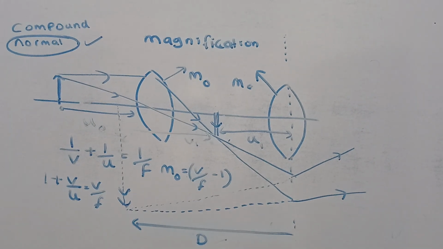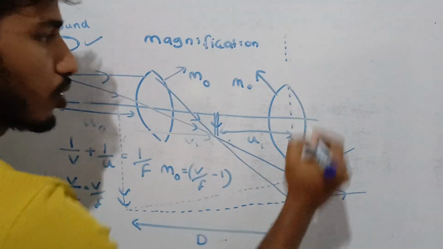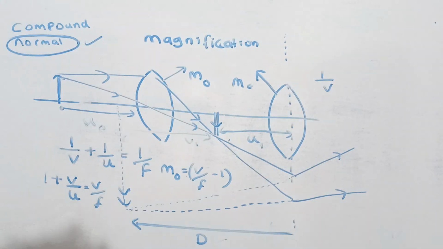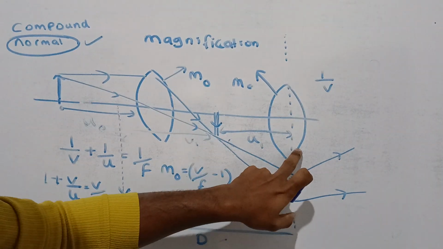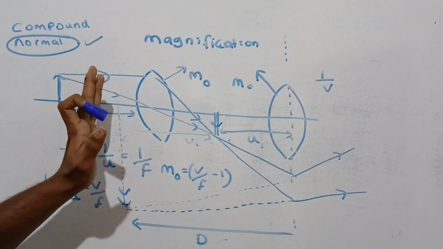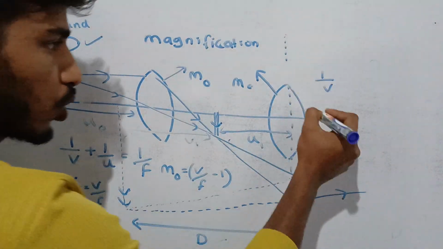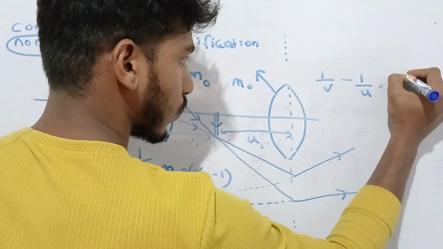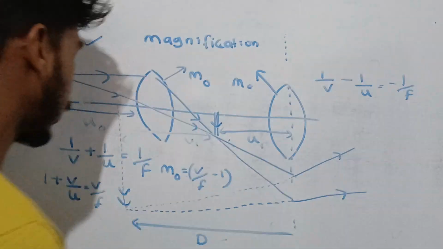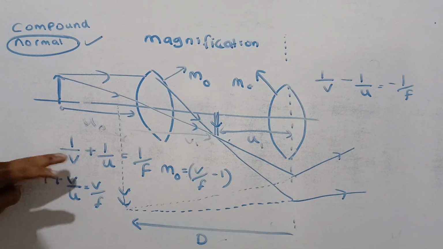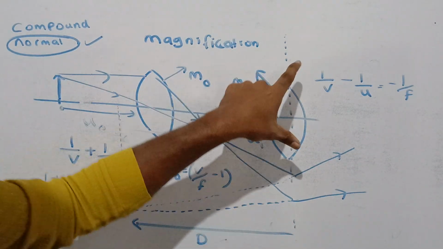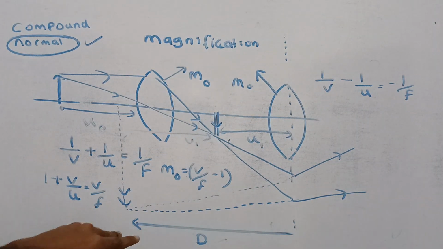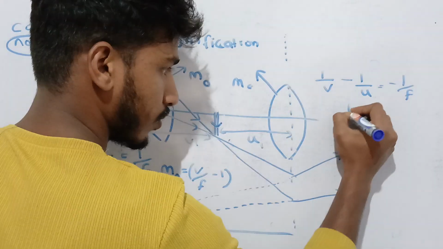Similarly, let's find the magnification created by the eyepiece. Here there's a real object, but there's a virtual image being created. So you have 1 over v minus 1 over u is equal to minus 1 over f. Note this lens formula, because in the objective you had a real image, but the image produced by the eyepiece is a virtual image, and it is at the least distance of distinct vision.